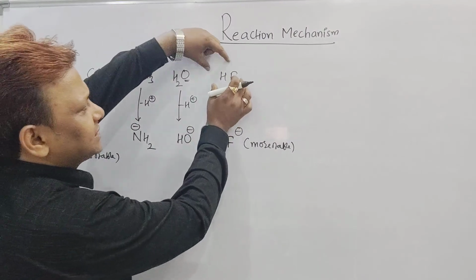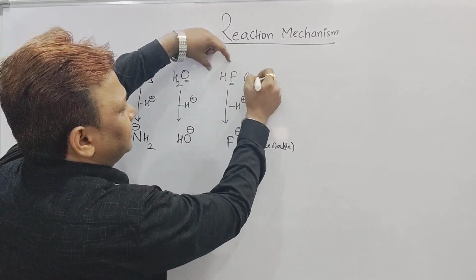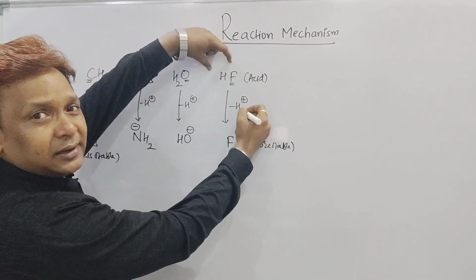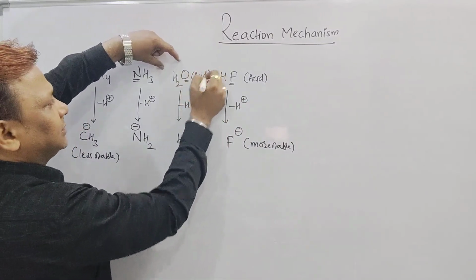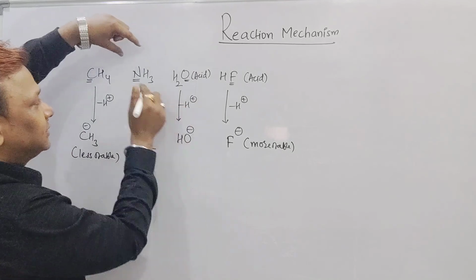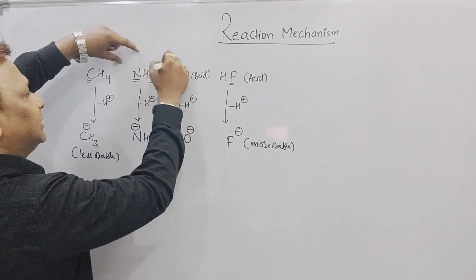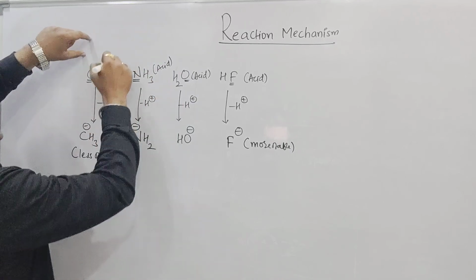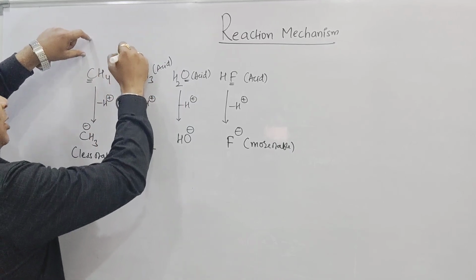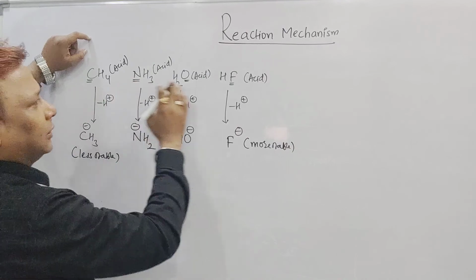See, beta, this is acidic in nature because it has a tendency to give H plus ion. So this is also acidic in nature. Actually, it is a base, beta, but as it has a tendency to give H plus ion, I will say acid. They all act as acids.